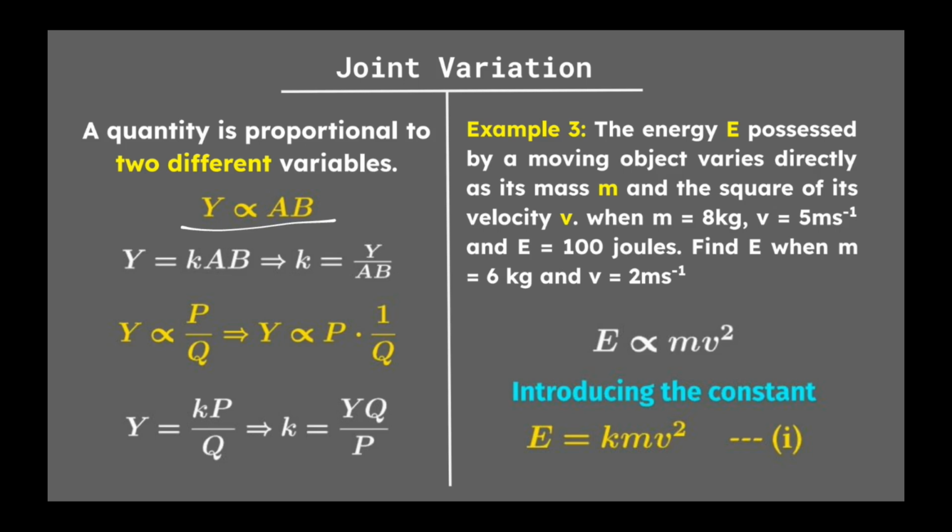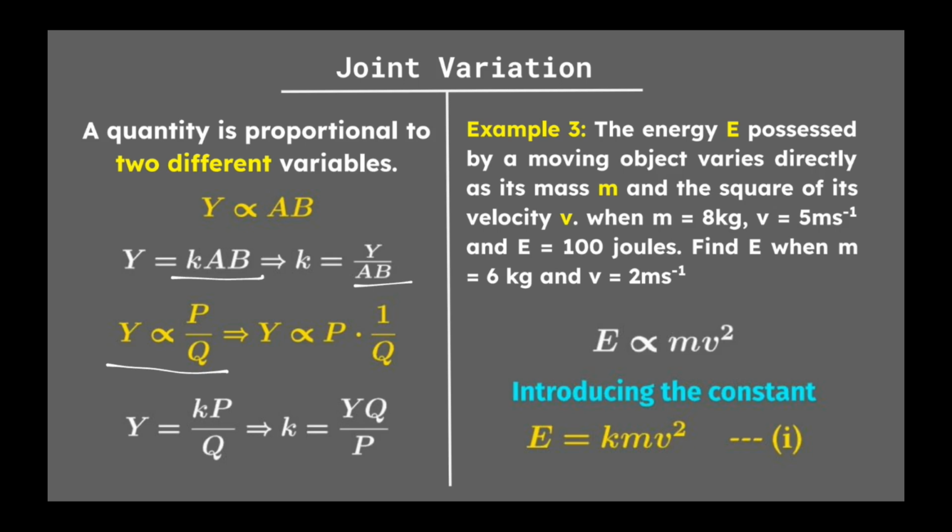Just as you already know, we are going to introduce the constant of variation and say y equals k a b. So this is how to interpret a joint variation. How about if y is directly proportional to p and inversely proportional to q, like we have in this case? So this means that y is proportional to p and the inverse of q.